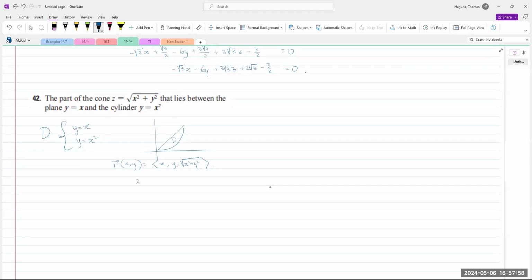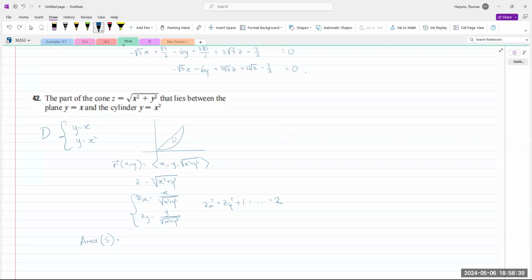You can just say that z equals square root of x squared plus y squared. z sub x is x over square root of x squared plus y squared. z sub y is y over square root of x squared plus y squared. Okay, so z sub x squared plus z sub y squared plus 1, you will see boom, that equals 2.